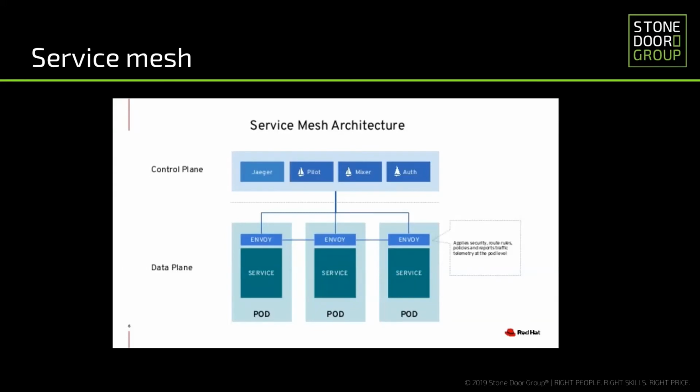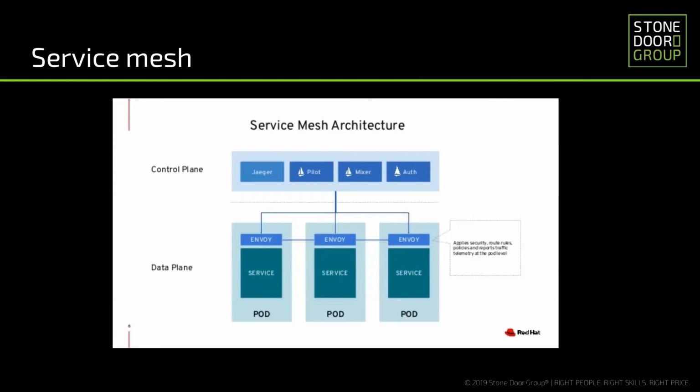And the really cool thing about Service Mesh, from my point of view, is that you don't have to modify any of your application code to take advantage of it. The way it's implemented is a sidecar container is placed alongside your application container inside a pod. And that's the one that's referred to as Envoy in this drawing.